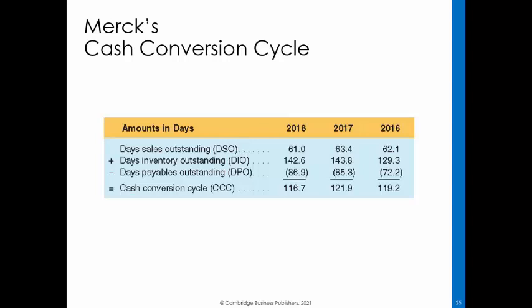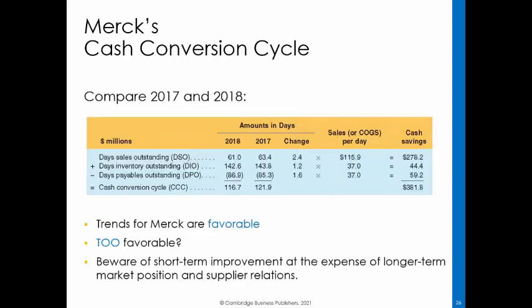Each improvement generated additional cash during the period. To compute the amount of cash generated or used by changes in each of the measures, we multiply the change in the number of days by the related income statement account measure, sales or cost of goods sold per day. The table shown on this slide illustrates these measures.